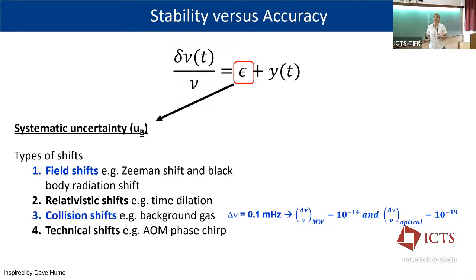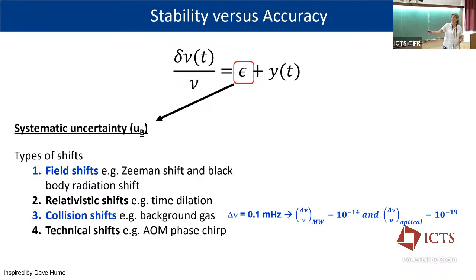And it's not really cheating, because I will show you in the end, and also next week when we're talking about applications, that most of the time when we're doing physics measurements, or when we're searching for new physics or for navigation, it's the relative stability and the relative accuracy that matters. So it's really a significant improvement to go from microwave to the optical domain.